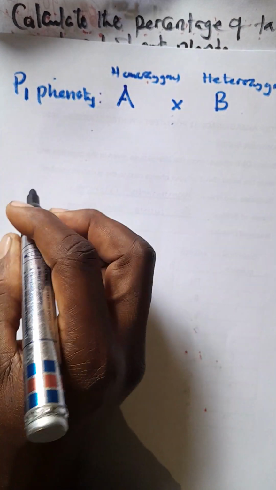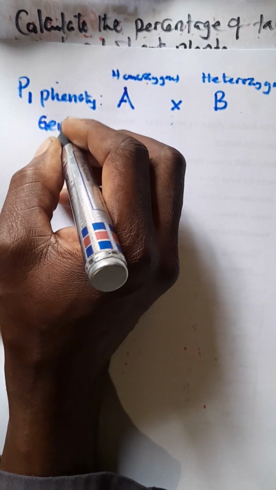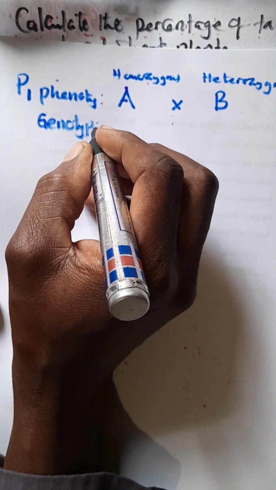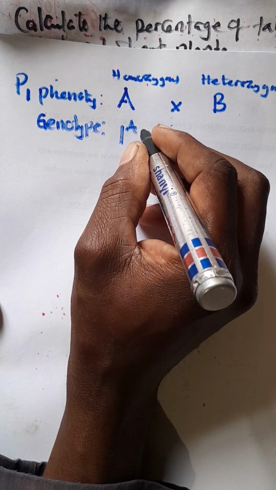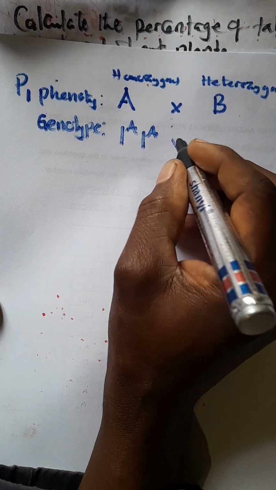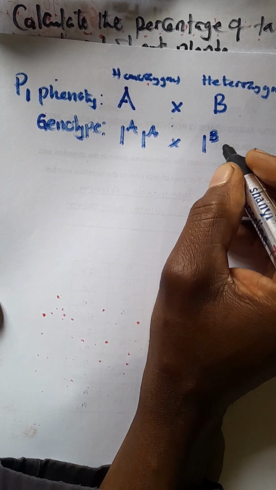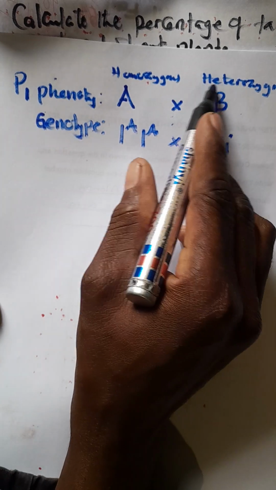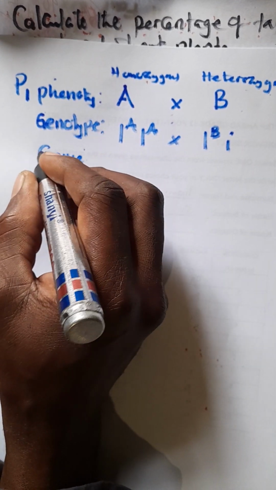So what will the cross be like? You remember the genetic cross always follows that pattern. So the genotype will be IAIA because it's homozygous, cross IBI recessive because it's heterozygous. Right. So what does it give us? It gives us the gametes.